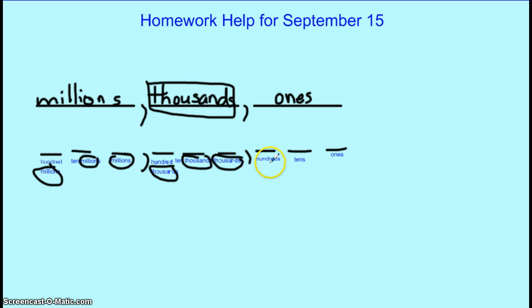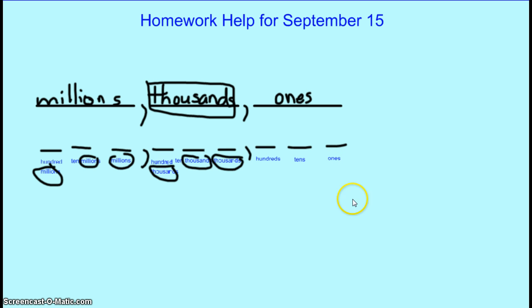So the other thing you should have noticed is that in each place value that you see or hear, there is the same pattern through each period. You hear ones, tens, hundreds, 1,000s, 10,000s, 100,000s, 1 million, 10 million, 100 million.